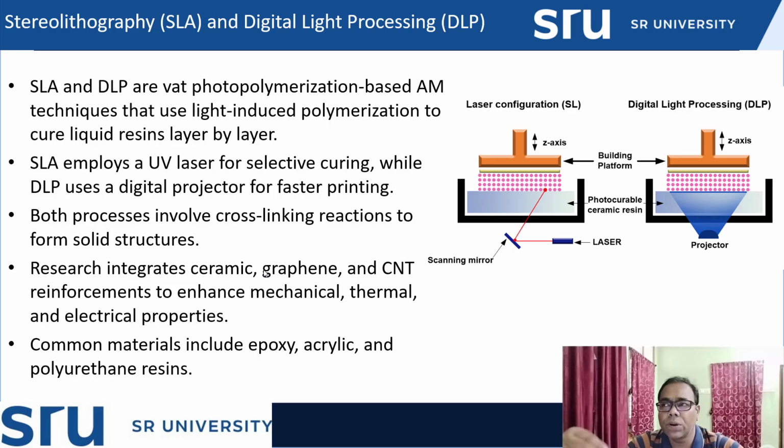In that case one can go for a higher strength reinforcement material, which increases the mechanical properties. Some of the materials I just discussed are ceramic, graphene, and CNT, used to increase mechanical, thermal, and electrical properties.